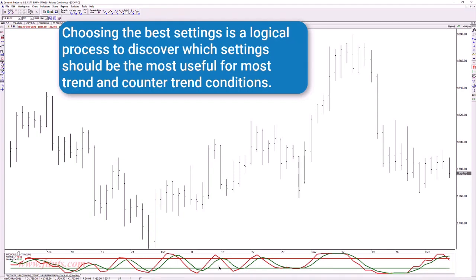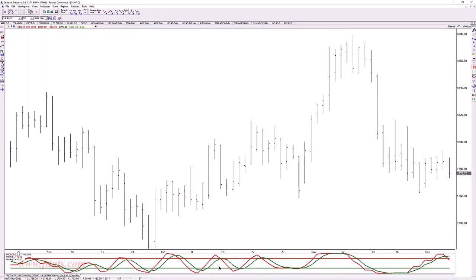But we really wanted to focus on it helping us identify the end of corrections, because as you can see with all these indicators, if it's a strong, impulsive trend, getting into the overbought zone, in this case in a bull trend, is not an immediate indication that we're making any significant high, because the impulsive trend can continue for some time.